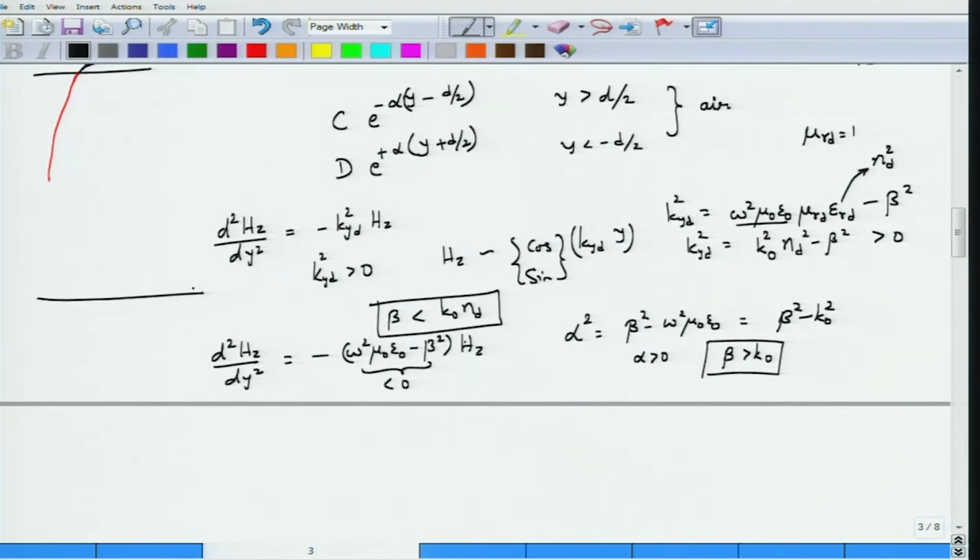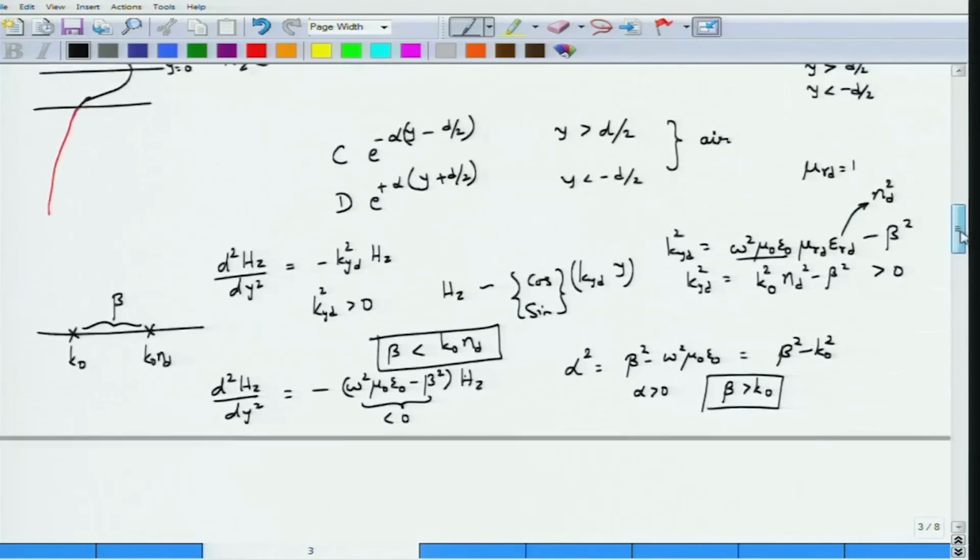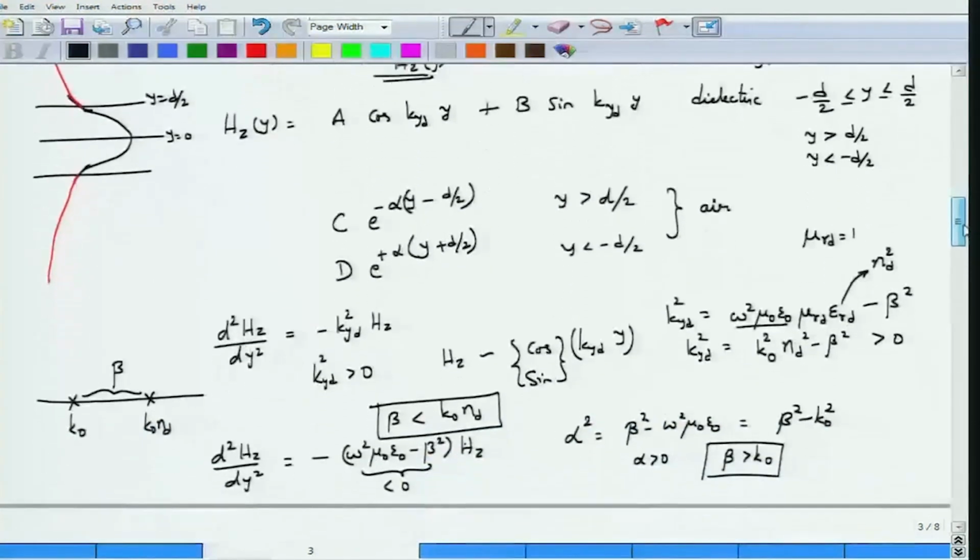If I were to plot the numbers, this would be the lower limit for beta, k0, this would be the higher limit, k0 n d, and somewhere here will be the value of beta. You can actually combine these two equations and eliminate beta, but then you will be expressing everything in terms of alpha.